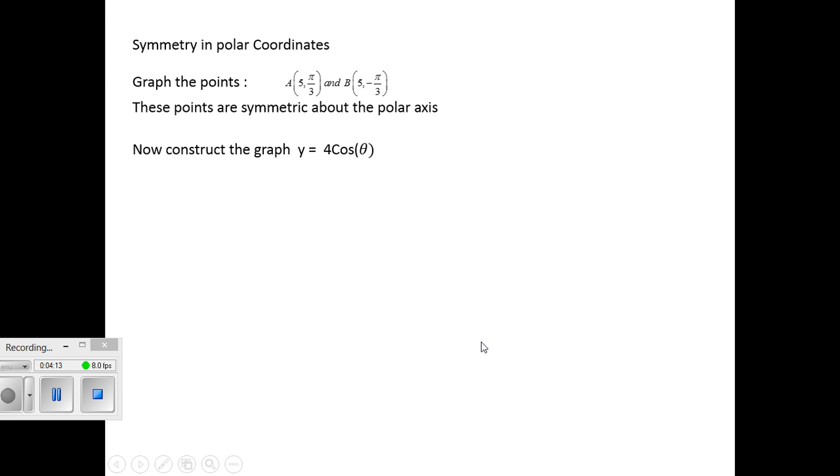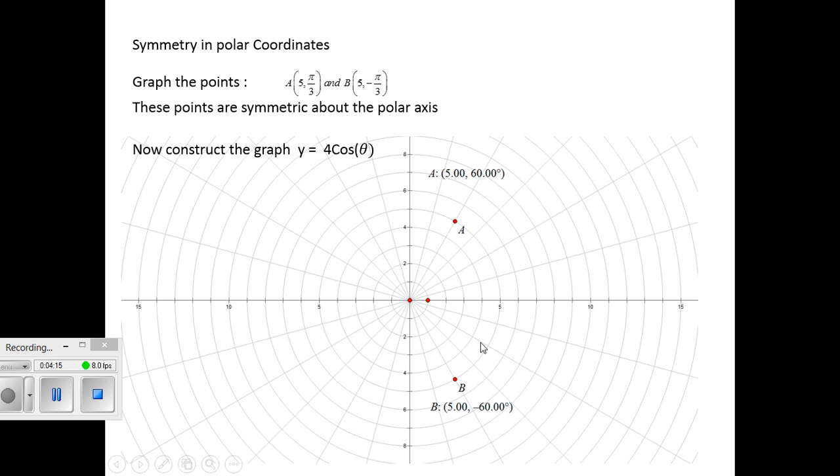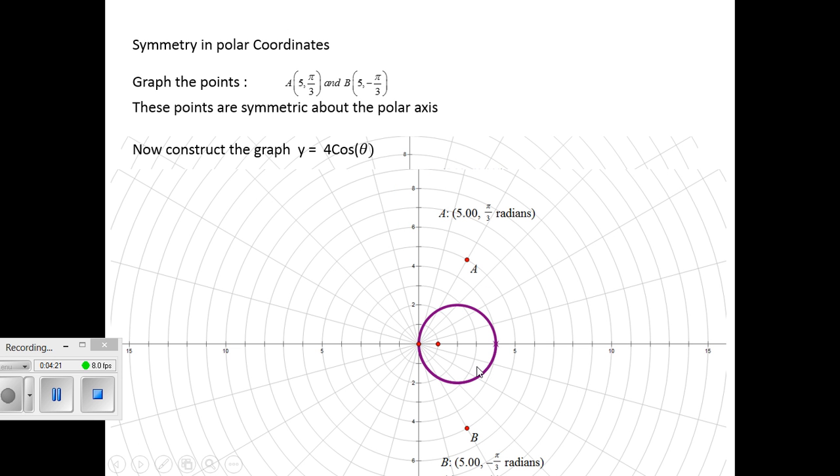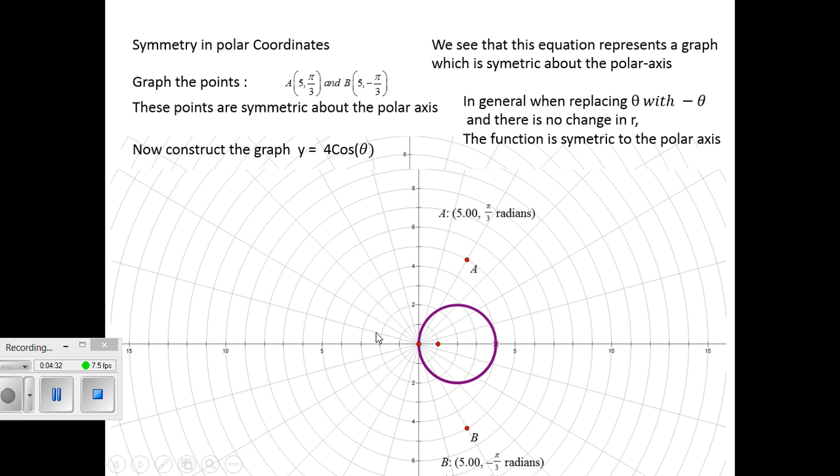We had talked about symmetry, and we've talked about the symmetry about the polar axis, which effectively is the x-axis, in which case you just replace theta with negative theta, and if the function rings true, such as a cosine function does here, then that function is in fact symmetric about the polar axis, or the x-axis, as we might want to think about it.